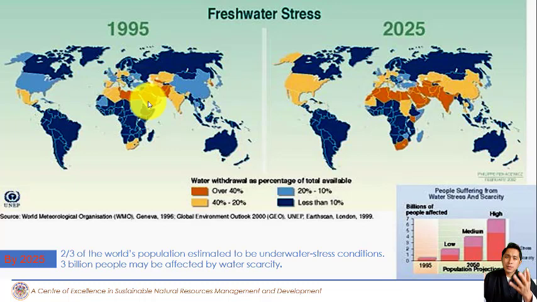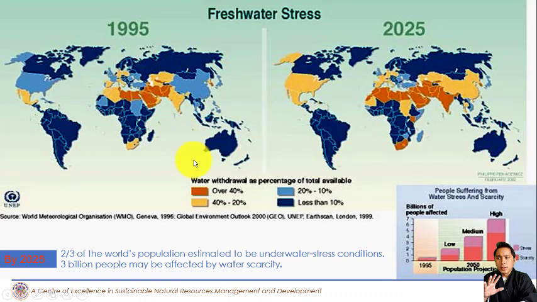So if they have the potential to have, let's say, 40 cubic kilometers of water, then 40% of those 40 cubic kilometers of water is already being withdrawn in 1995. So imagine the kind of water stress that over time we would face.